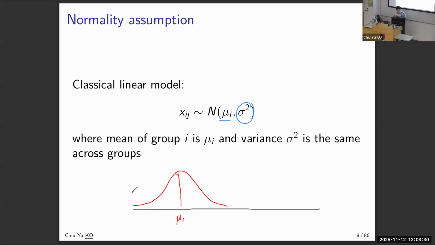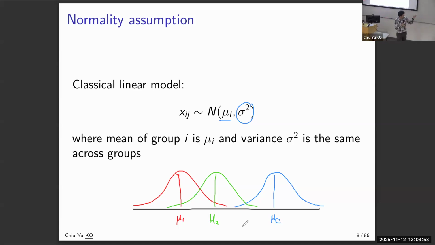And say the last one, Shanghai, has the same shape but just a different location, say mu of C. Another group can be located differently, so maybe mu2 is here. They have the same shape, the same height, but just different locations.